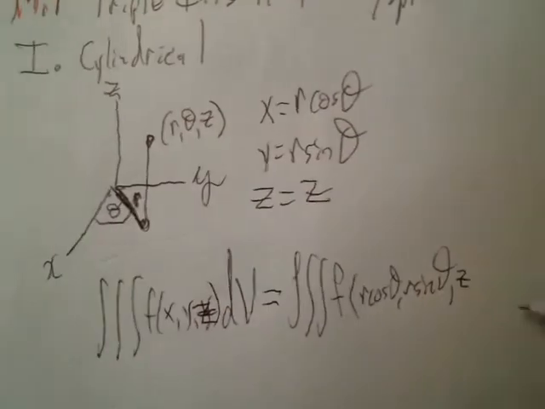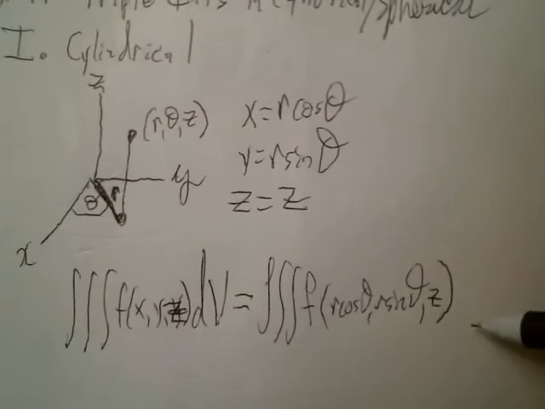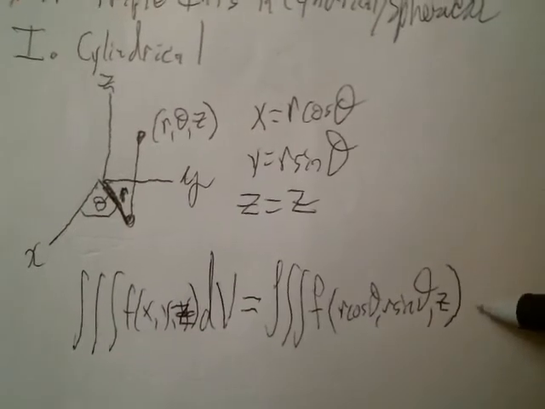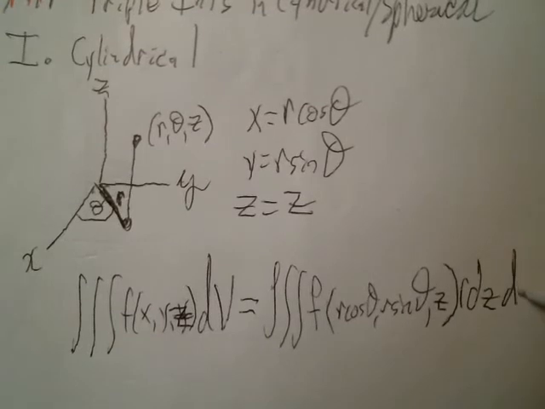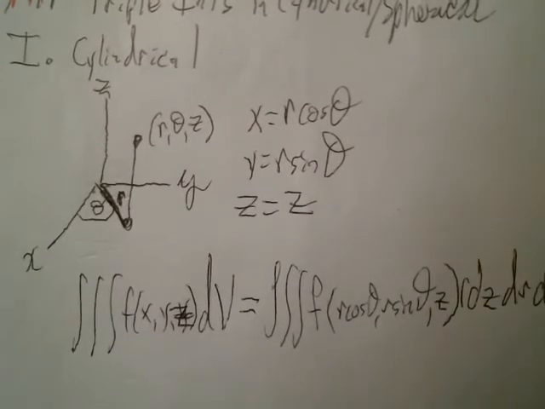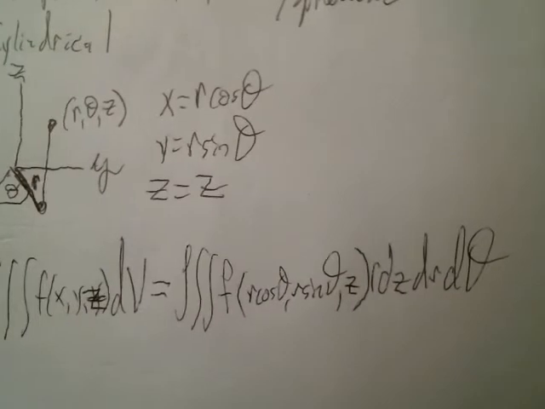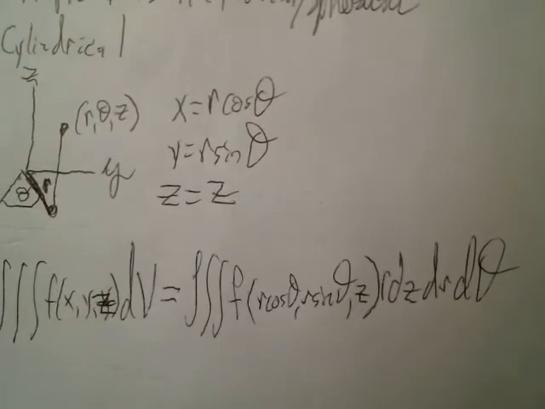Okay? And then dV will equal r dz dr d theta. So there's always that factor of r in there. r dz dr d theta is kind of how you want to integrate it. Okay, we won't worry about change in order of integration for the cylindrical coordinates.